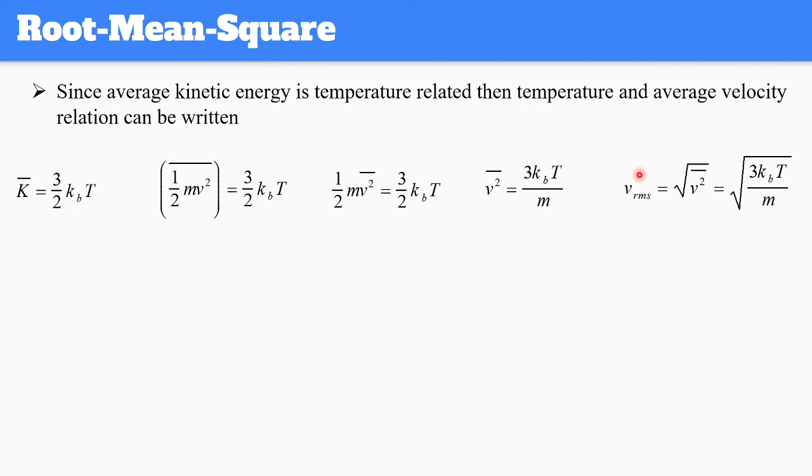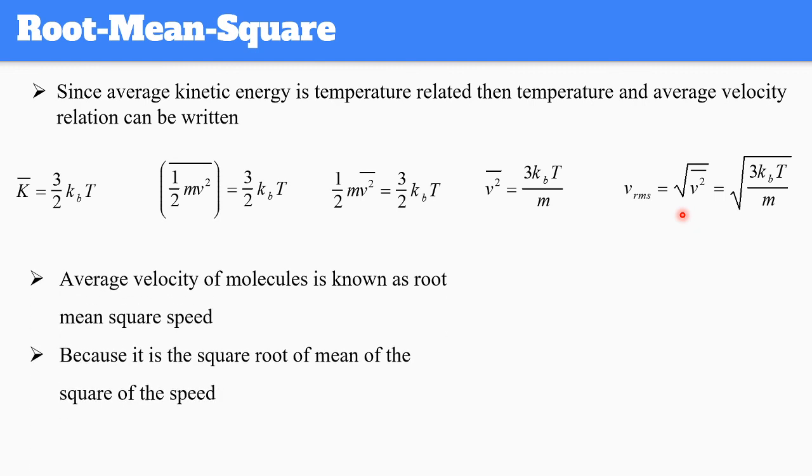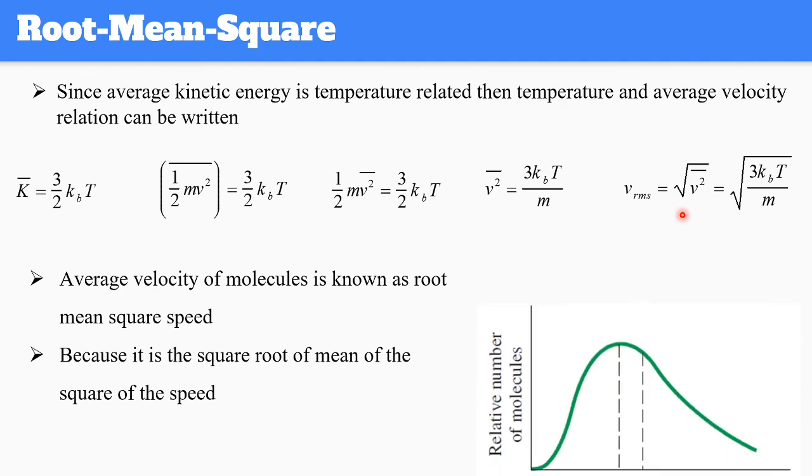It's nothing special, it's just a name to describe this term right here. So VRMS is basically the square root of 3 kbT over m. And the average velocity of molecules is known as root mean square because it is the square root of the mean of the square of the speed.